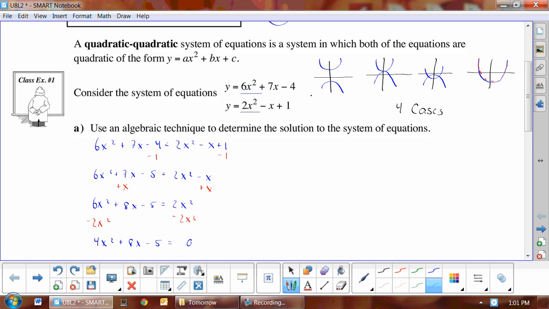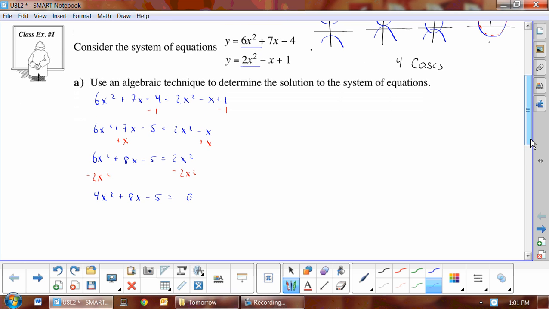Okay, so now we know that we have to factor it, and because we have 4x squared, it's type 2 factoring. So we go, what plus what is equal to 8? And what times what is equal to negative 20? So what do you guys think? Awesome. Positive 10, negative 2.